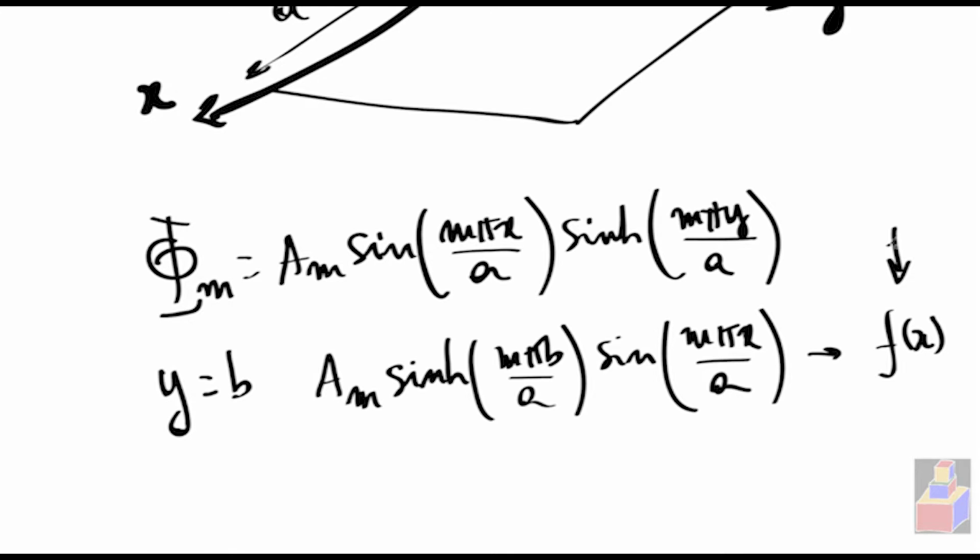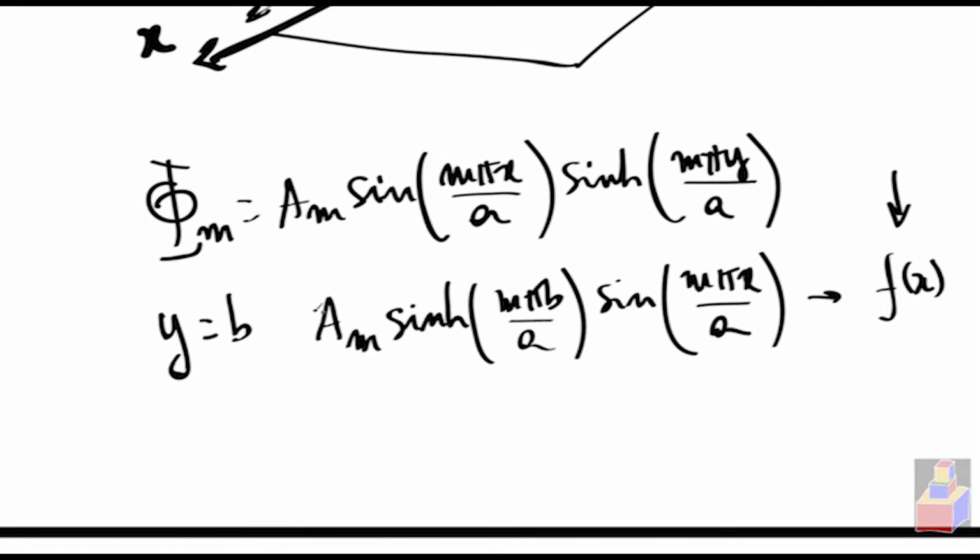We can superpose all the possible solutions and try to force this combination to converge to f(x). You notice that if a single function is a solution for the Laplace equation, a linear superposition of functions is also going to be a solution of the Laplace equation.